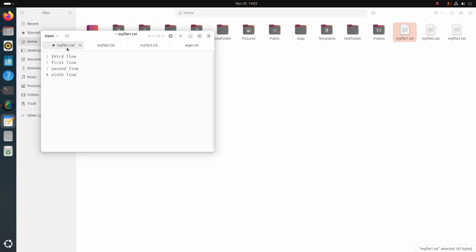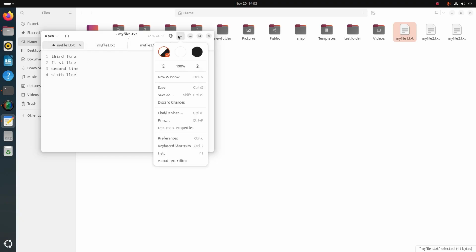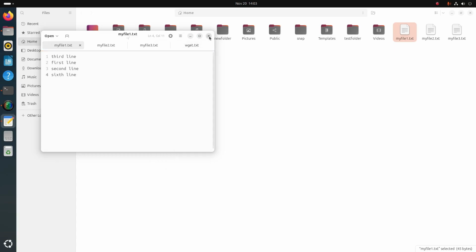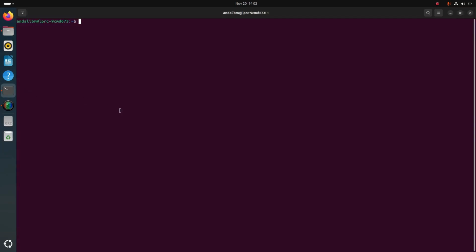Okay, so this is my file 1, I basically changed it a little bit, and now I want to see if I can sort it. So I say sort, and then my file 1.txt, and you see now, instead of the third one being the top one, right?